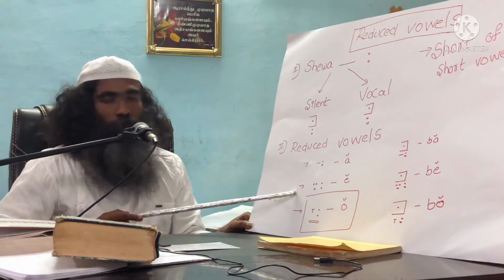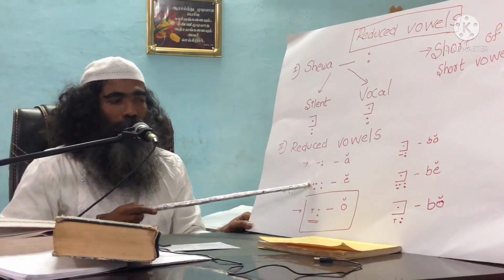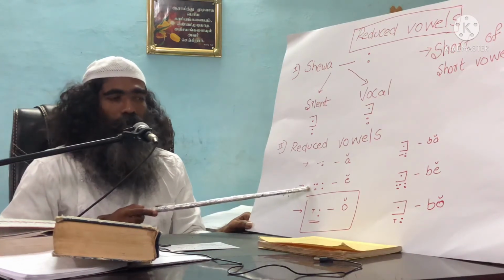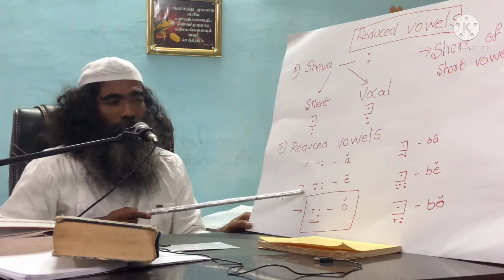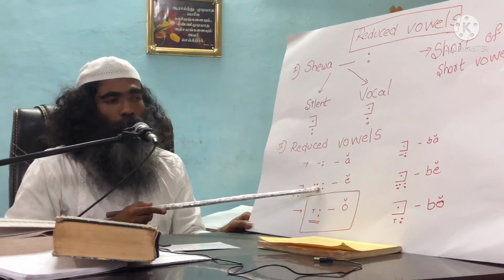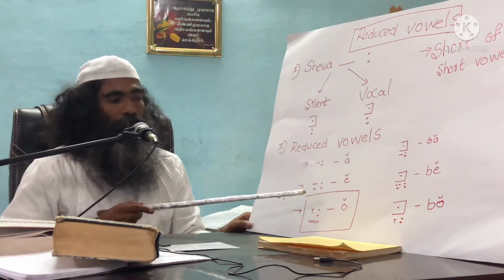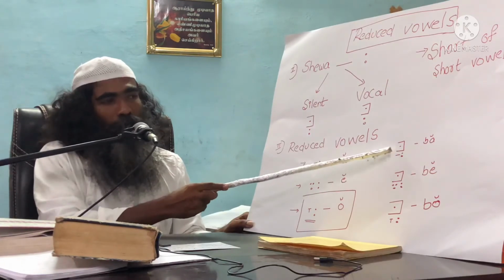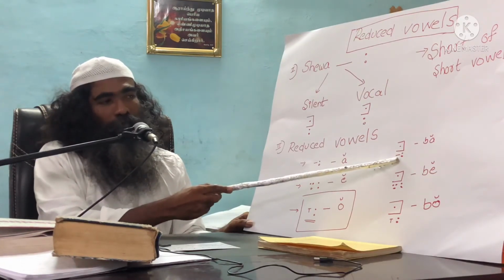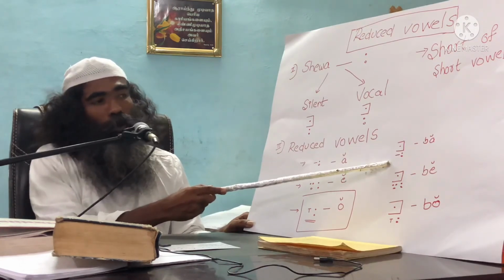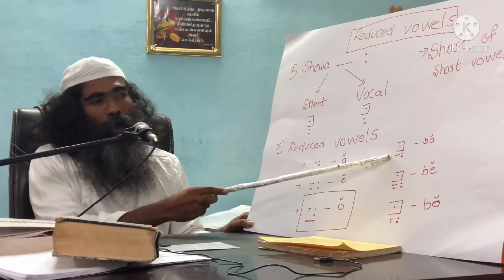Then the second vowel is 3 vertical dots written in a triangular fashion. If it is preceded by a sheva, then it's pronounced as a. B. Silent sheva followed by horizontal line is ba.